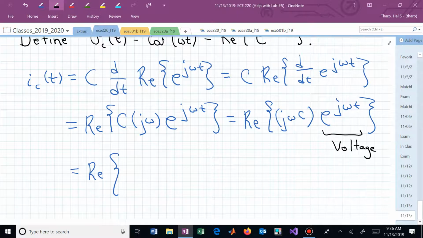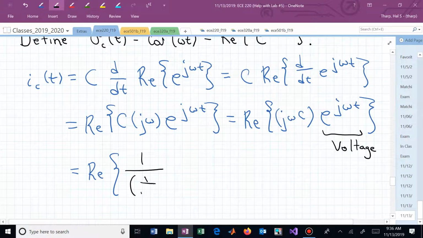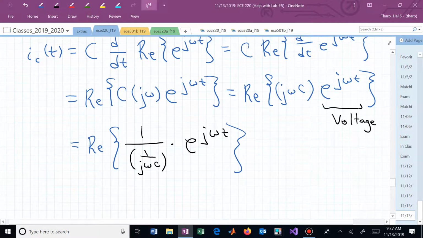That gives us the same thing. So we now say we have 1 over 1 over j omega c times e to the j omega t. That's the complex exponential form of our current.